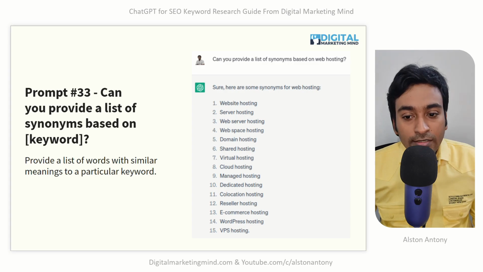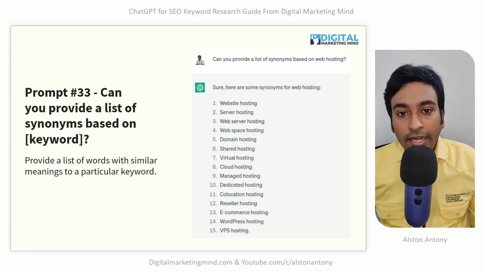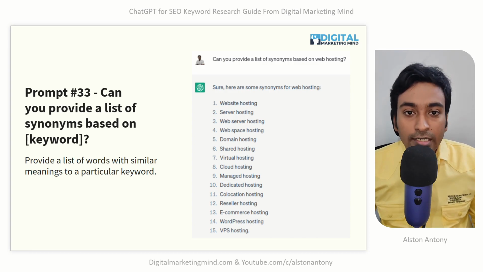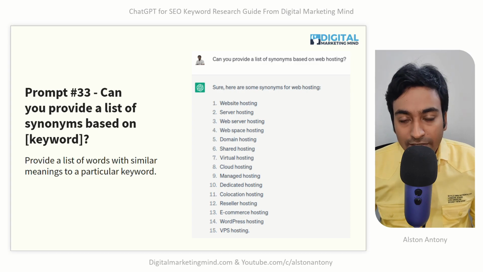Prompt 33: can you provide a list of synonyms based on the keyword? It's almost like alternative or related keywords, but I can specifically say that I only want synonyms for my keywords, and it will provide you a lot of synonyms, which is really good when you are targeting these words throughout your content for the main keyword.